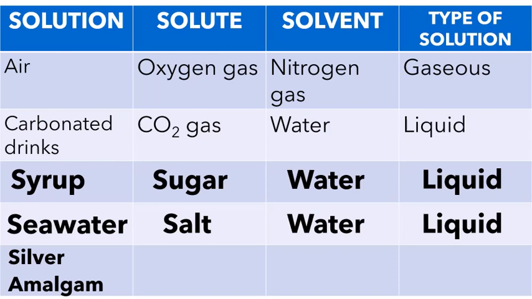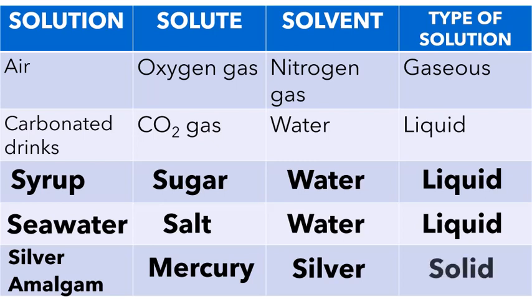Now, mercury there is always in smaller amount because it could harm us if it's larger in amount. Therefore, the solute there is the mercury, and the solvent will be the silver. Now, what is the state of matter of the silver? So the silver there is solid. That's why the type of solution will be solid also.